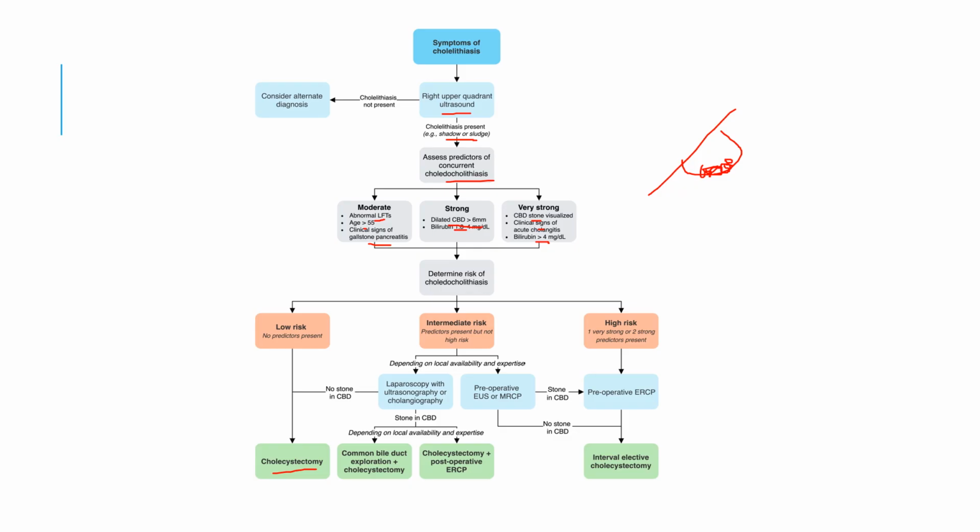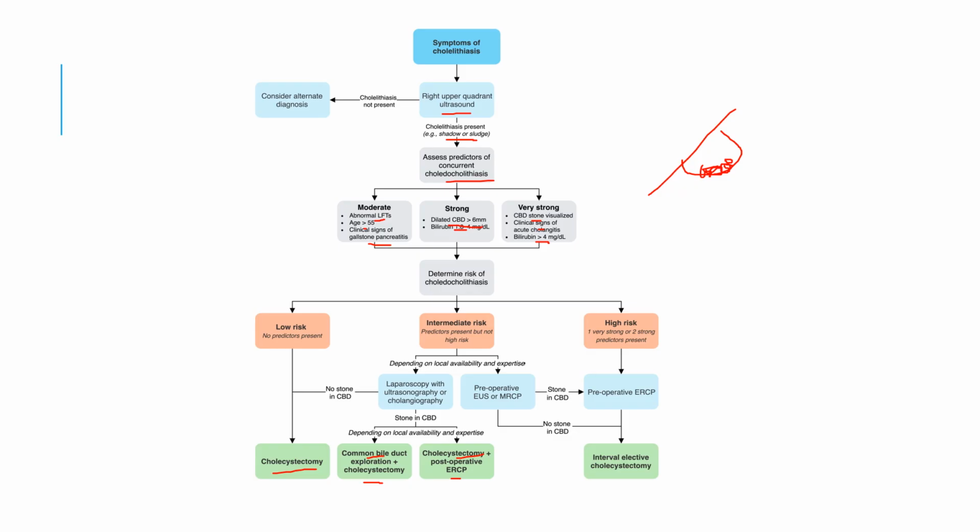Or you go for a laparoscopy with ultrasonography or cholangiography to determine whether there is a stone in the CBD. You can also do a common bile duct exploration along with cholecystectomy, or cholecystectomy with post-operative ERCP, so that with ERCP you can visualize the common bile duct also.